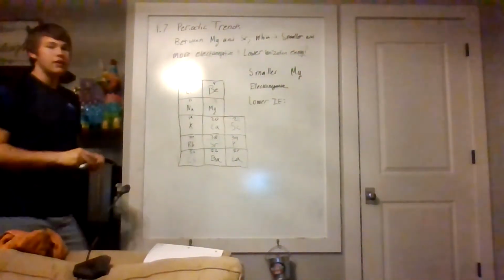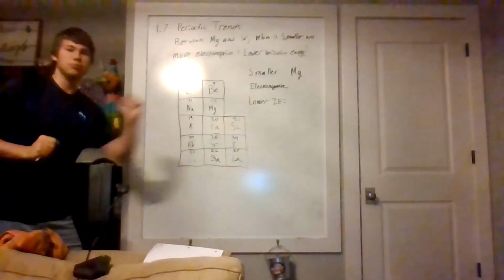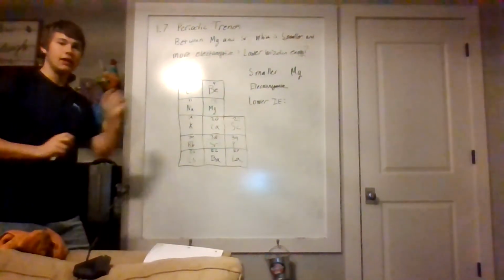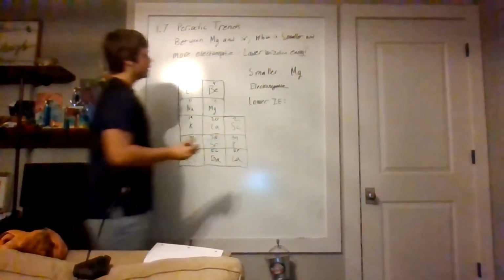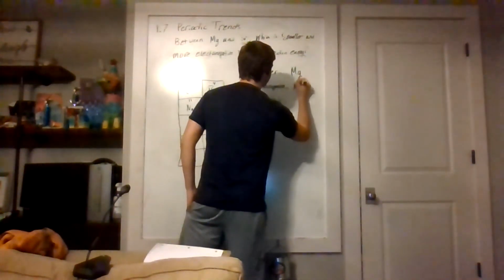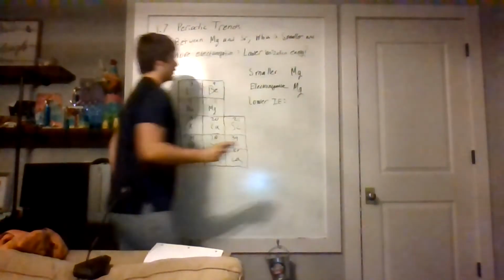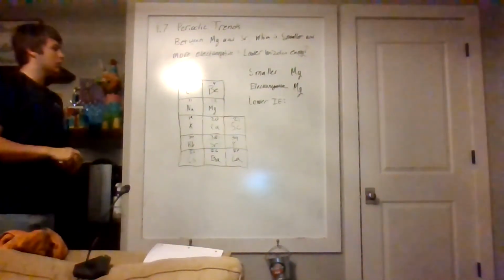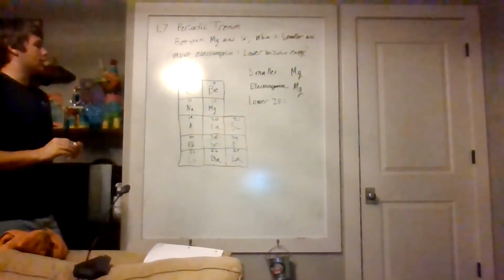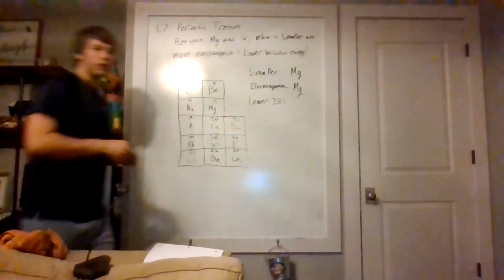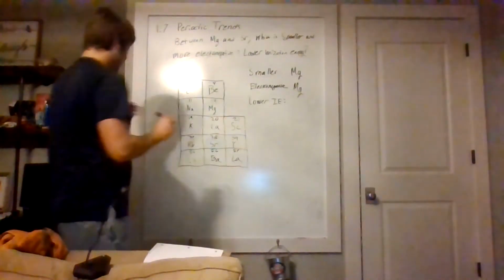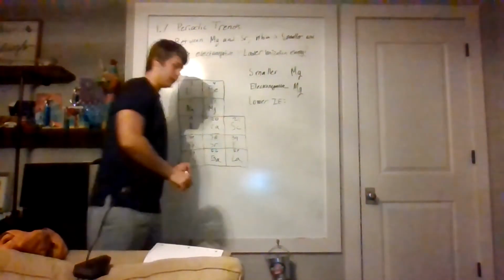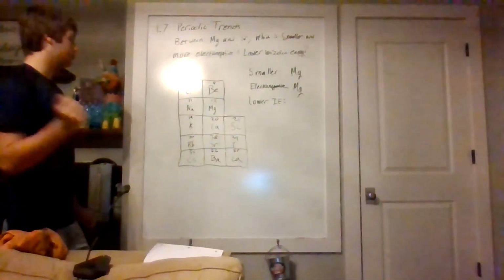For electronegativity, remember, it follows the smaller atom. The smaller the atom, the more electronegative it is. So using that logic, we can say that Mg is again the atom of choice. Now for lower ionization energy, what we're looking for is that the electrons are easier to remove.